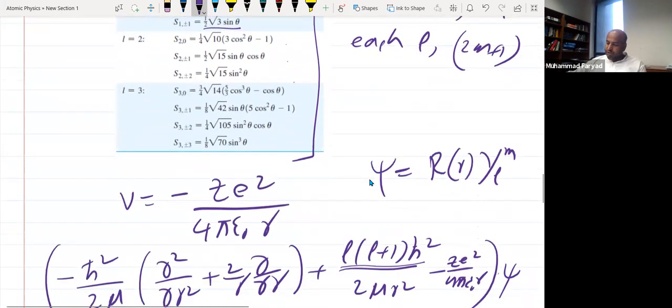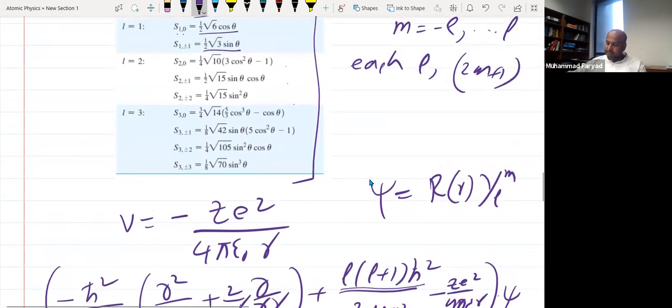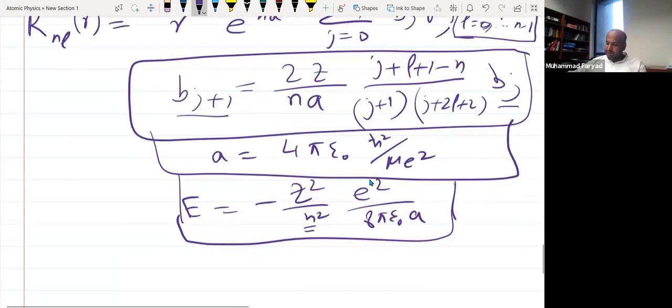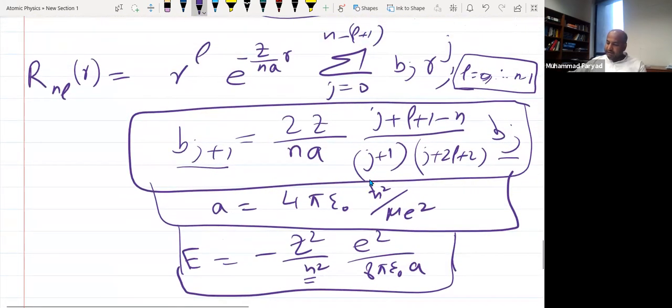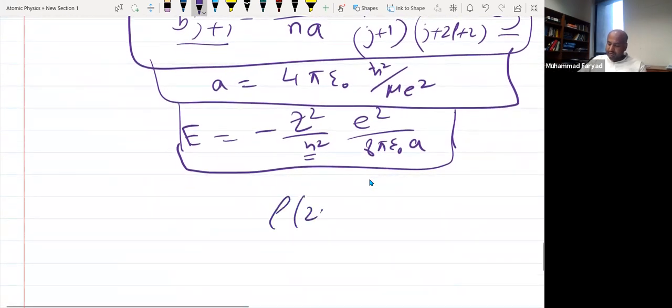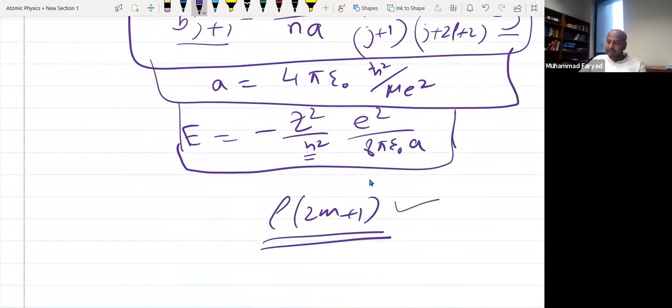So the total degeneracy is essentially then L into 2L plus 1, because for each n, there are L possible radial functions, and for each value of L, there are 2L plus 1 YLMs. So this is the degeneracy for each energy level.